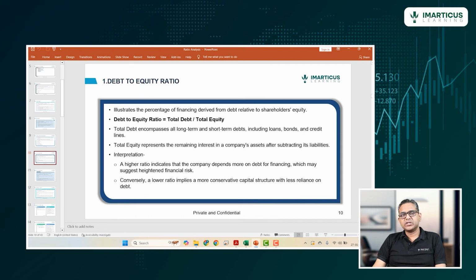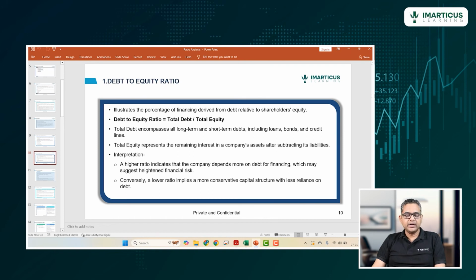Inside shareholders' equity we have share capital, additional paid-in capital, retained earnings, other comprehensive income, all of this part of total shareholders' equity. We can also calculate total equity by simply reducing the liabilities from total assets.